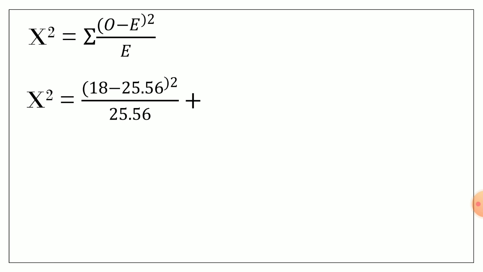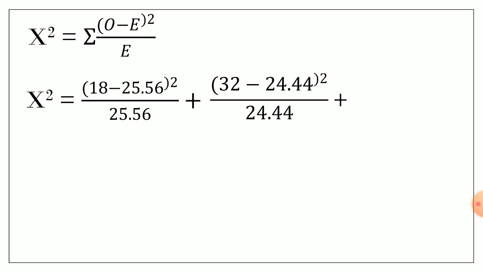Substitute it in the formula, that is now the quantity 18 minus 25.56 squared divided by 25.56. Next will be the data on female high. So that is the quantity 32 minus 24.44 squared divided by 24.44.